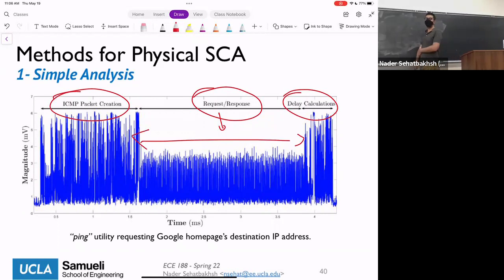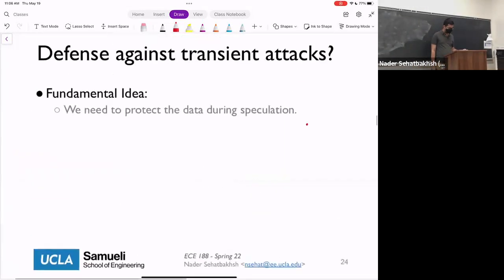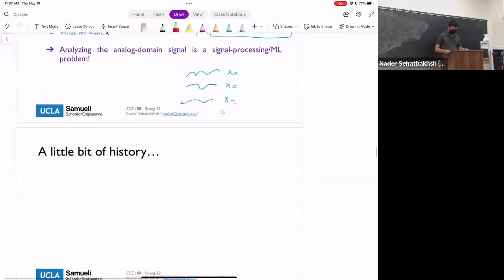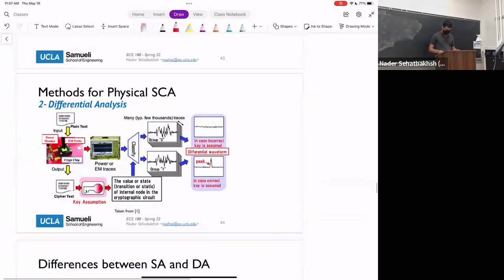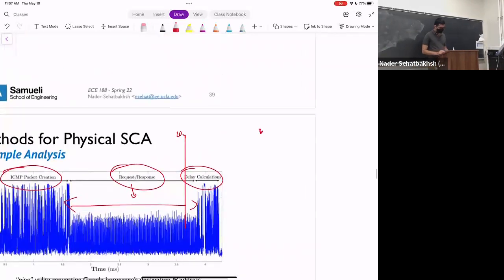Another thing people have shown is what's called website fingerprinting. Let's say I access Wikipedia, Google, many different websites, and I collect the signal for all of them.